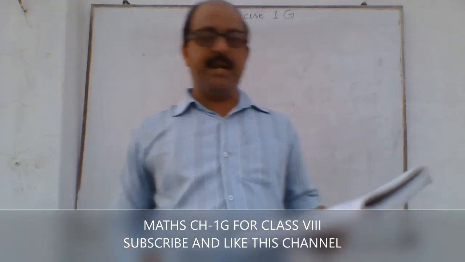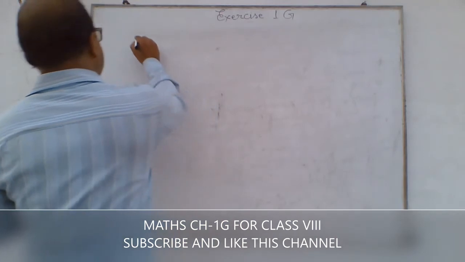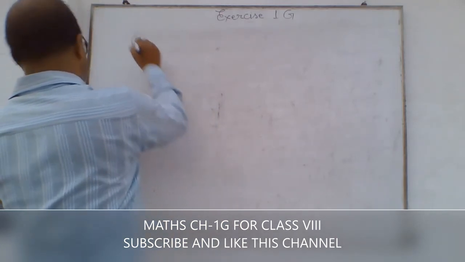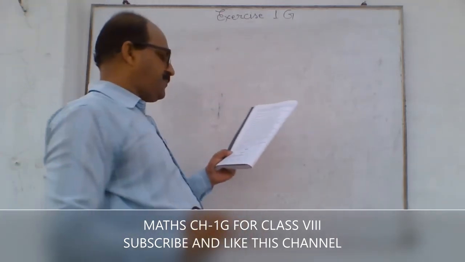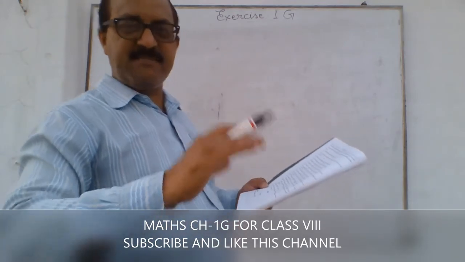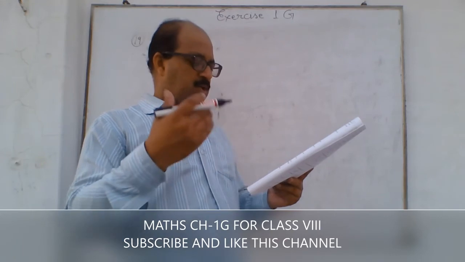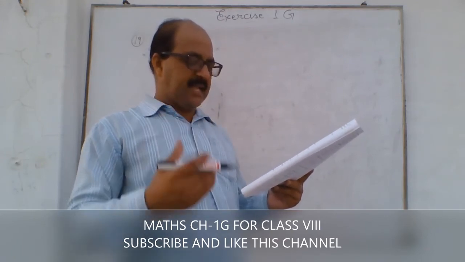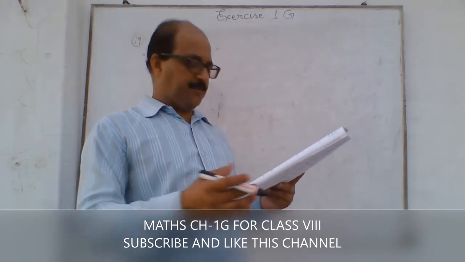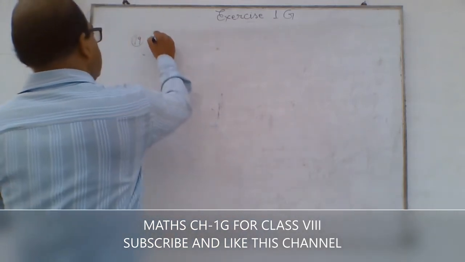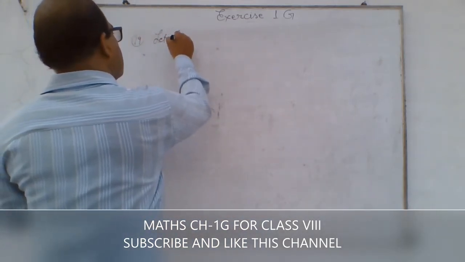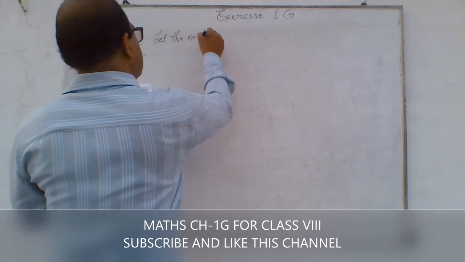Number 19. If 3 by 5 of a number exceeds 2 by 7 of it by 44, find the number. Let the number be x.